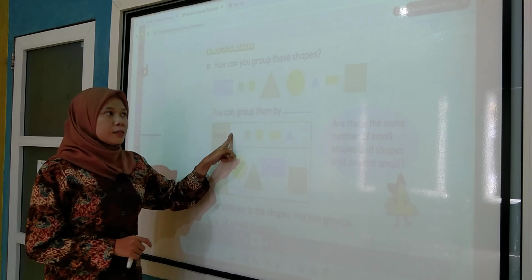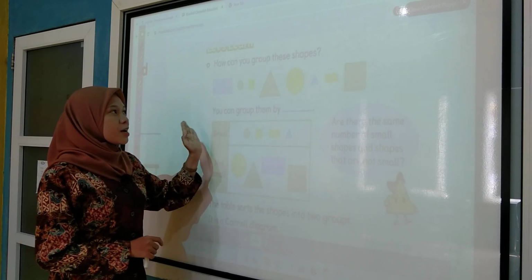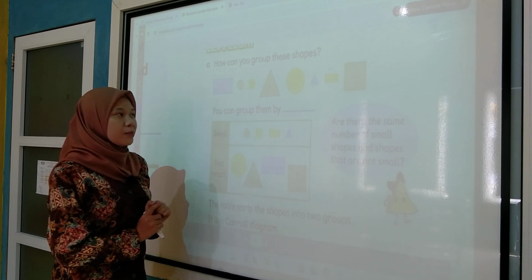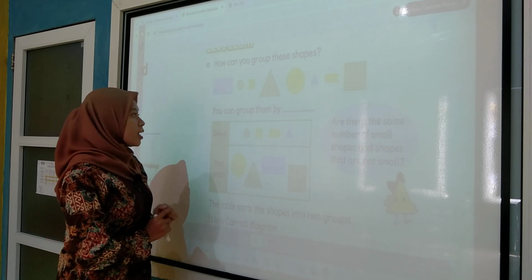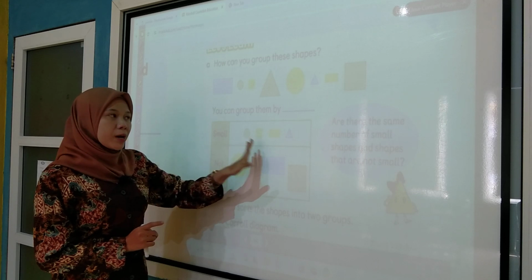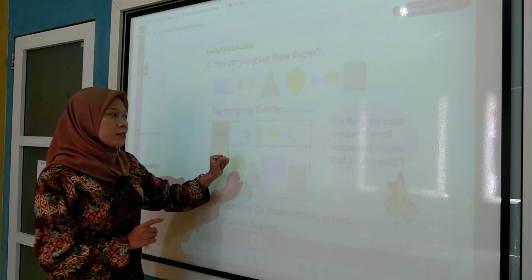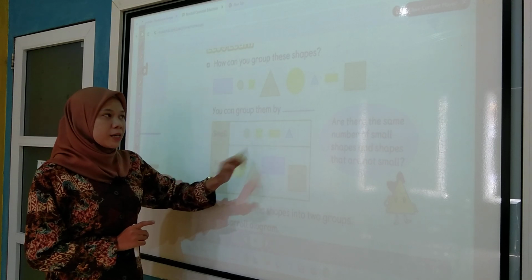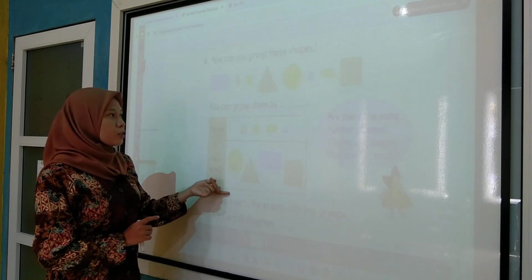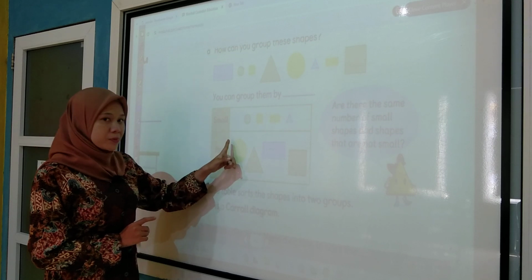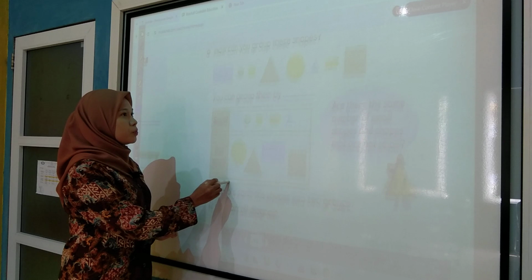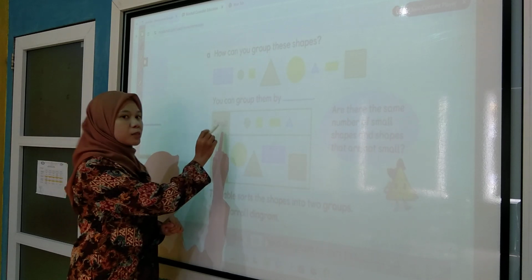Okay, students, here are some shapes with different colors and different sizes. We can group them by size. We can group them into small shapes and not small shapes. Okay, let's group them one by one. Let's see the small shapes.